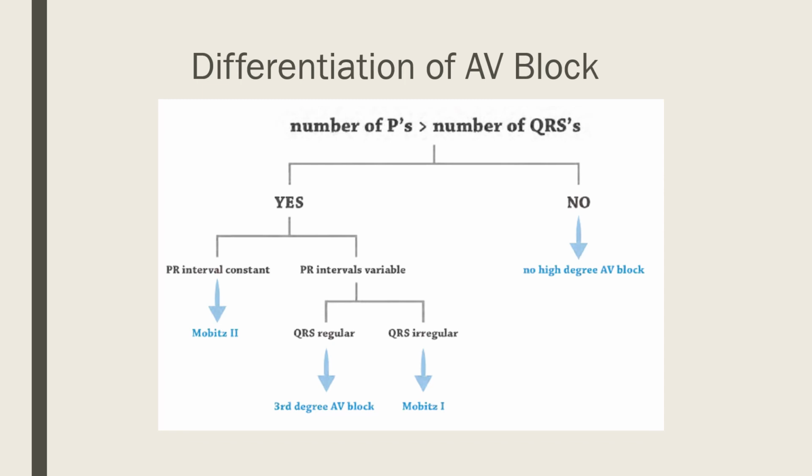Why in the third degree AV block are the QRS complexes regular with normal regular RR intervals? Because the rhythm is a ventricular rhythm.